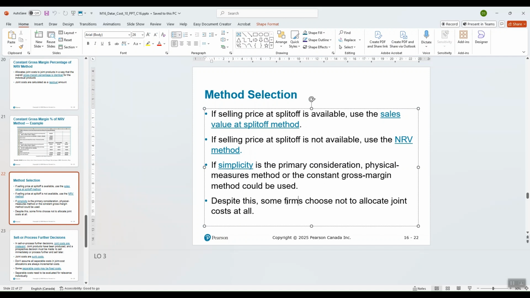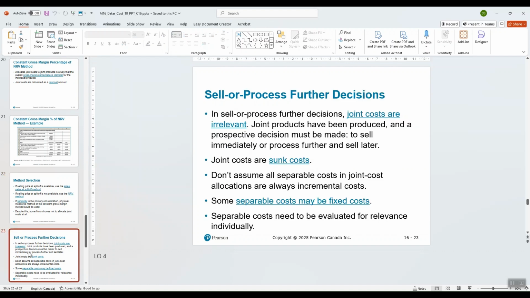The next part we have here is method selection. We talked about this, the sell or process further decision. Technically, for the cost that we allocated, sometimes what happens is the product is being used within the company after the joint products are produced. Instead of selling them, they will just transfer them to another business.